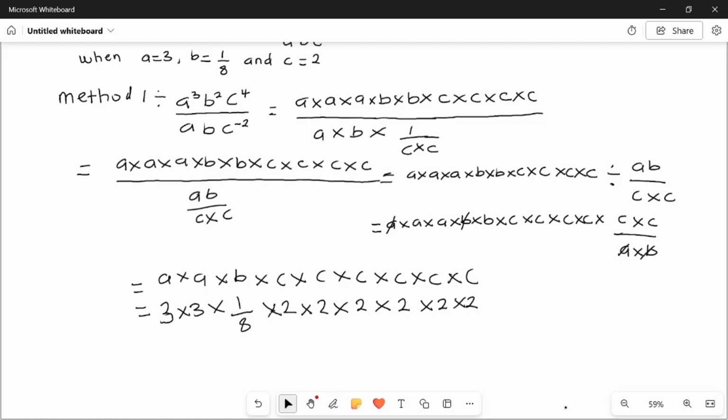So what we did is we put in the values of A, B, and C into what we have here. So if we multiply, 3 times 3 will give us 9. 2 times 2 will give us 4. 4 times 2 will give us 8. 8 times 2 will give us 16. 16 times 2 will give us 32.